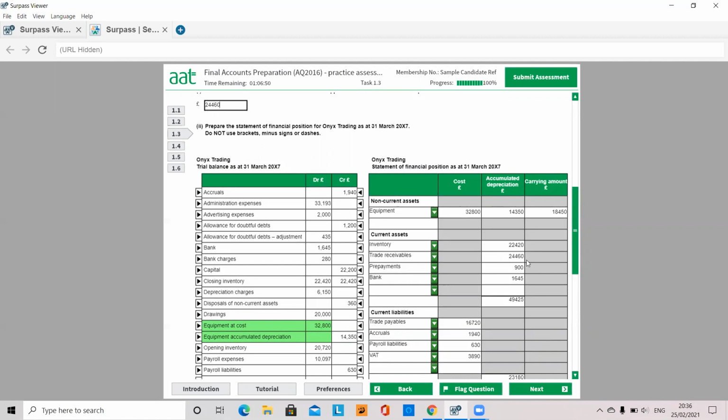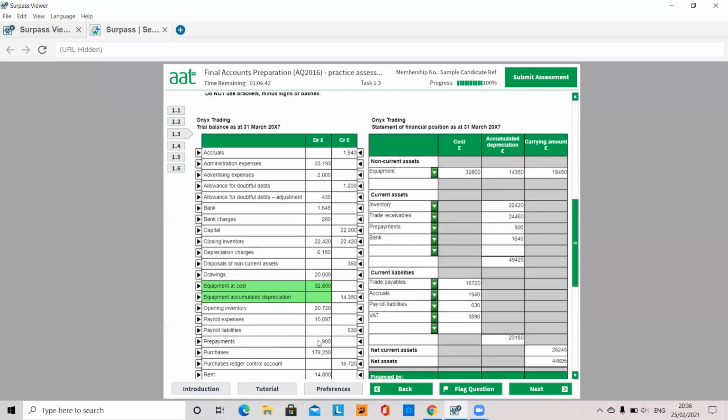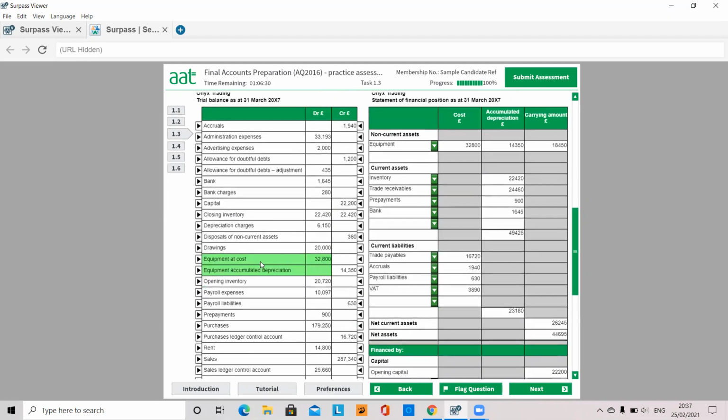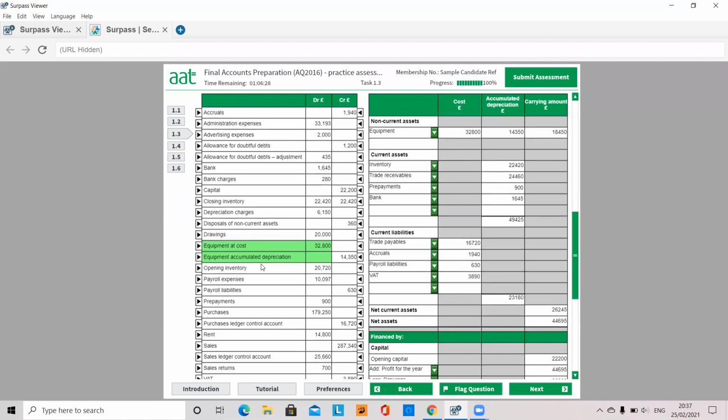We've then got prepayments. Prepayments, something that we've paid in advance, would also be a current asset. And it tells us we've got prepayments of 900. A good thing to do is to always check that, because sometimes prepayments aren't there. So just check it, and also check to see if you've got any accruals, because people get in the habit of not putting those figures in.